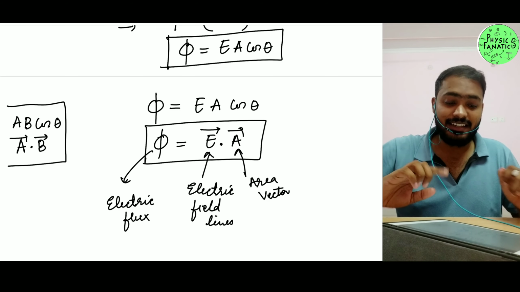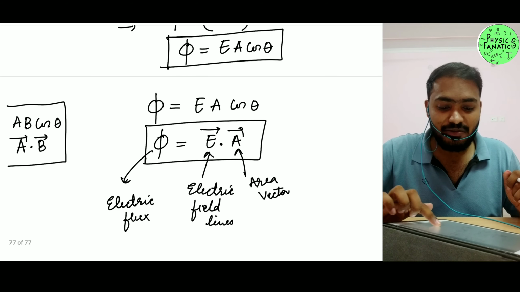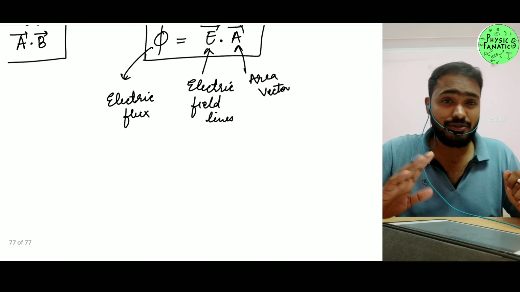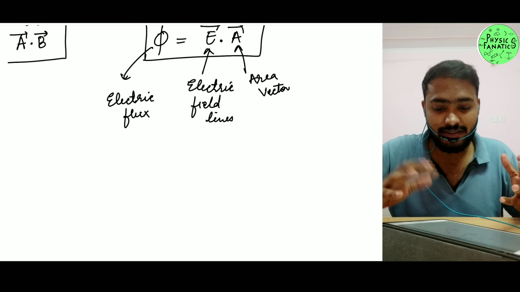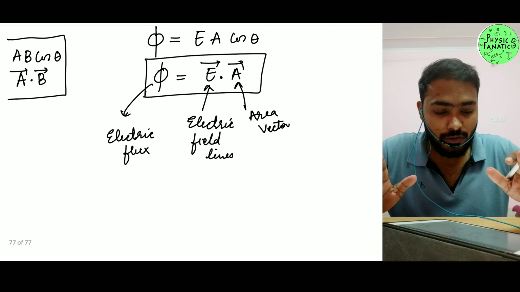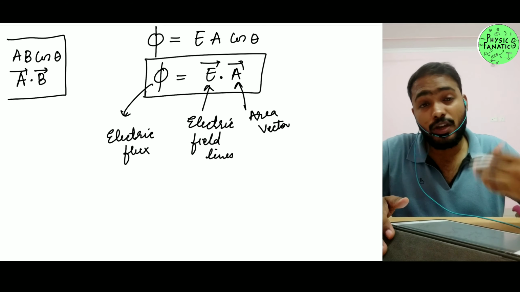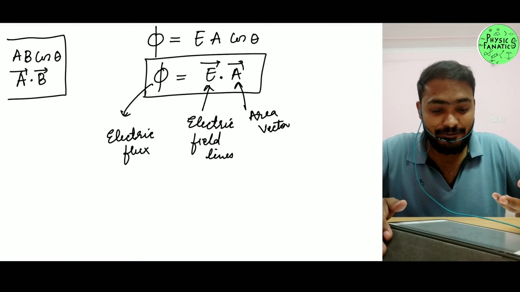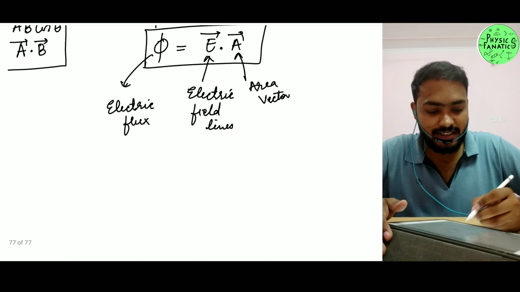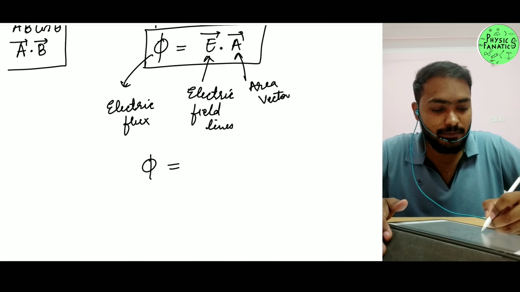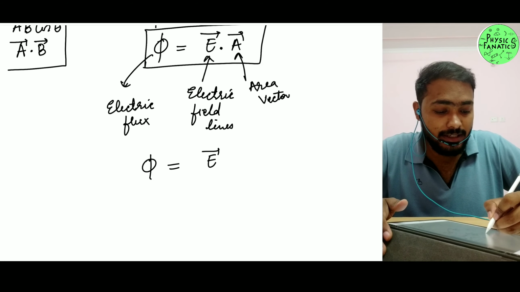Okay, great. If that is understandable, let's do a very simple problem so that you can get a hang of it. But one more thing before we do the problem: what is the unit of electric flux? Flux is the electric field multiplied by the area vector.